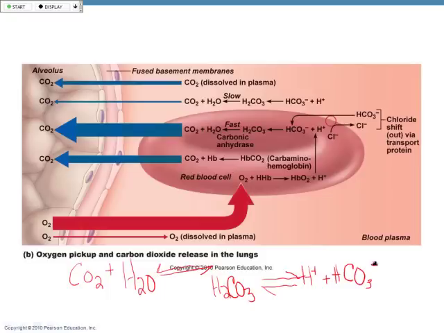To make, and eventually that. Remember, these are reversible reactions. So if I add a lot of excess carbon dioxide to this mix, where's this reaction going to go? It's going to go this way and produce more what?